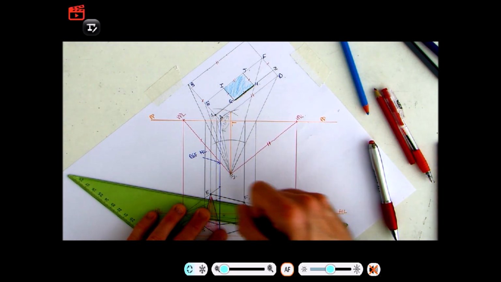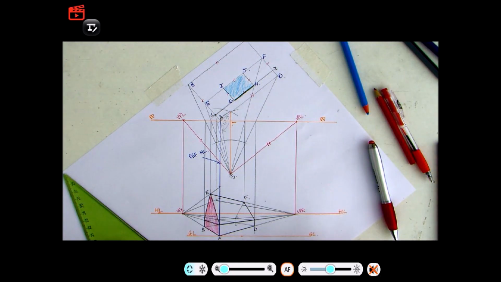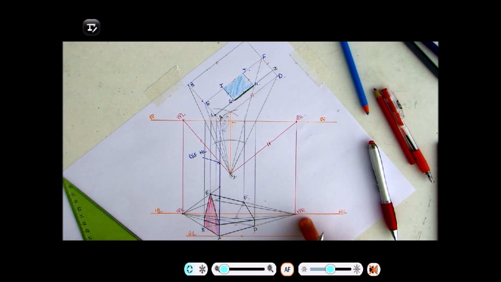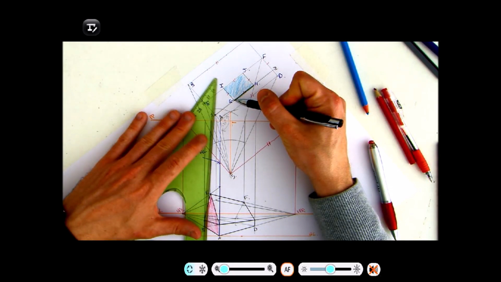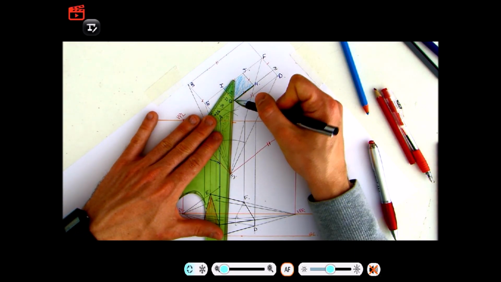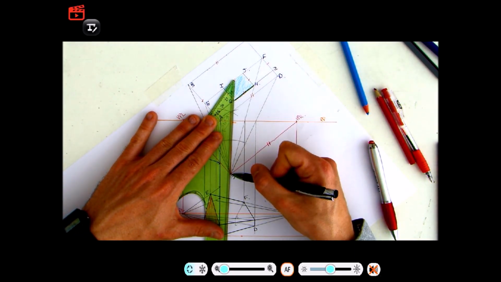So on that line, how do I find where they are? I do the exact same thing. I bring G to the eye of the spectator. Where is it being captured? Well, it's being captured on the picture plane here.